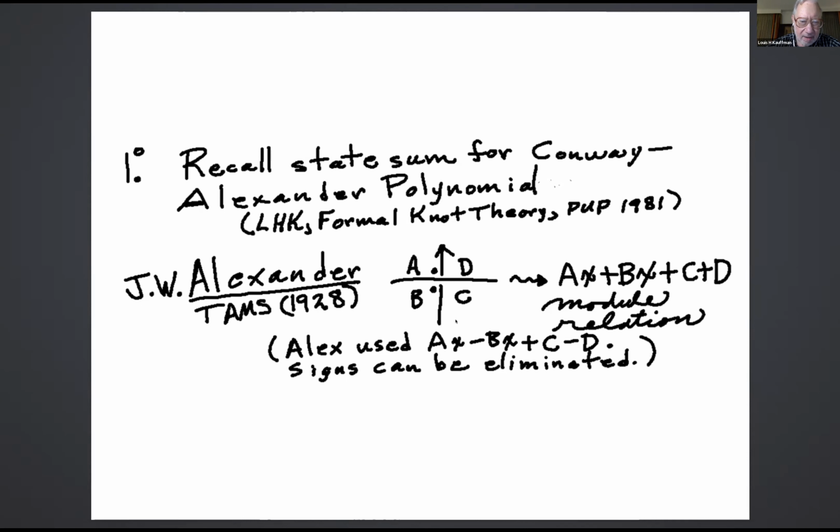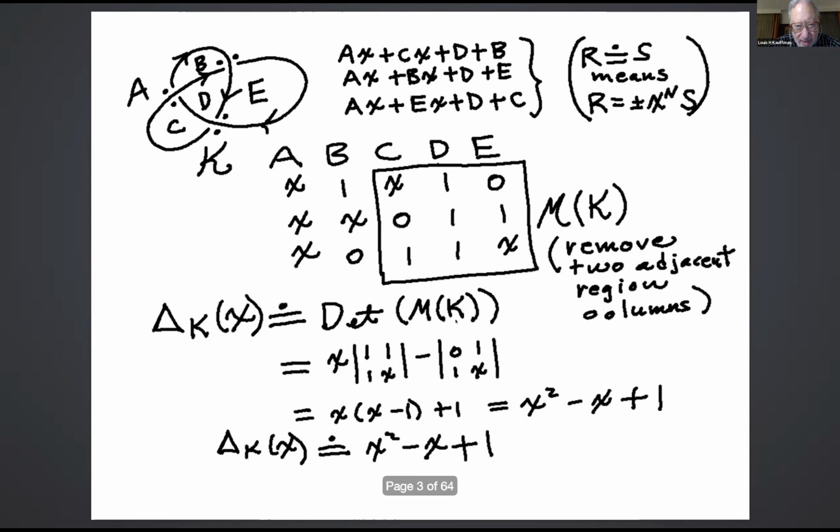And then Alexander took a determinant that is related to this module. And that gave rise, of course, to the more modern definitions of the Alexander polynomial a little later on. And in fact, this module is the Alexander module. So here I'm showing it to you in the Alexander form.